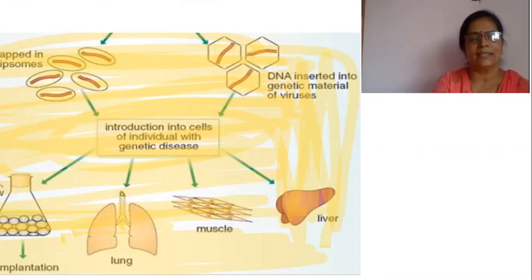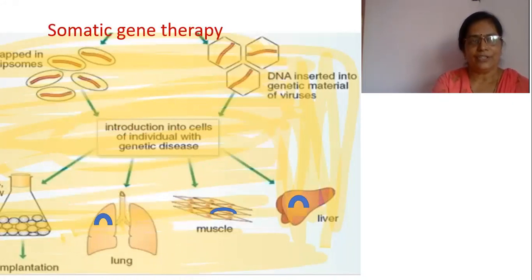The somatic organs are the lungs, muscles, and liver. In such cases, the gene is delivered into the lungs, into the muscle, into the liver, in the in vivo condition, and this is called somatic gene therapy.